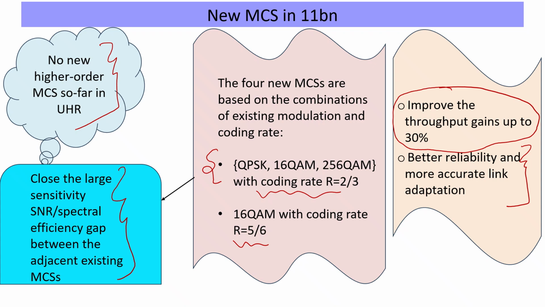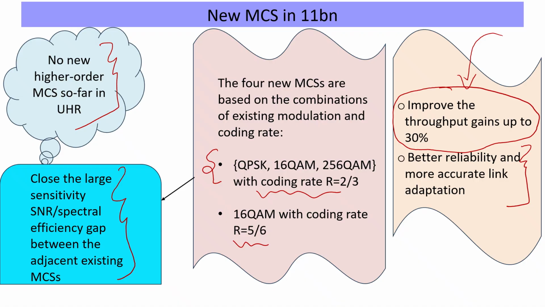Remember, peak numbers are not going to increase, but most of us don't necessarily operate at the peak points in the cell. So what we are interested in is the overall coverage area. How is our throughput distributed? Can there be better numbers? And that has been shown in simulations in IEEE contributions to have some benefits.